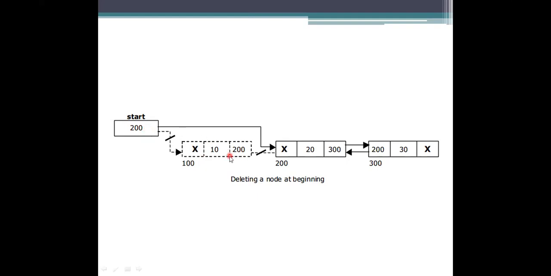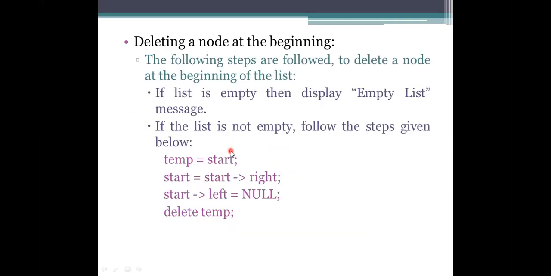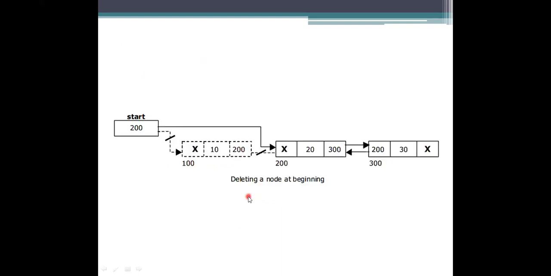Whenever you are deleting this node, the right side, meaning the starting address of the next node, has to be stored at the start pointer. So the start has to be replaced by 200. And then next, start left should be null. Why?